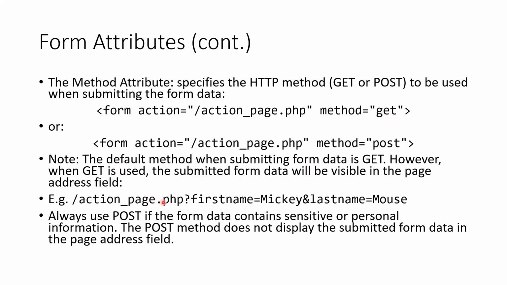So for example, if you submit something like first name and last name using get, it will show in the URL like this: action PHP question mark first name Mickey and last name Mouse, which means this is the value we are going to send. So it will be visible to the users. Whereas if you use post, especially when you have personal or sensitive information, it is highly recommended that you use the post method, and it will not show the data that you actually use.